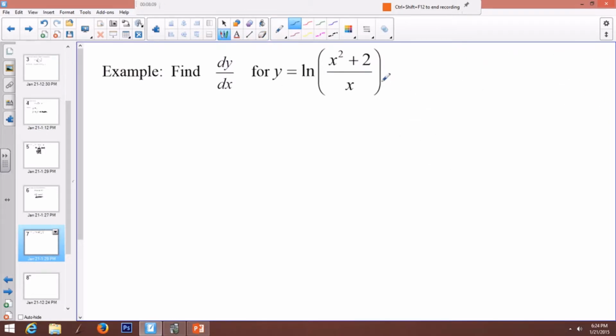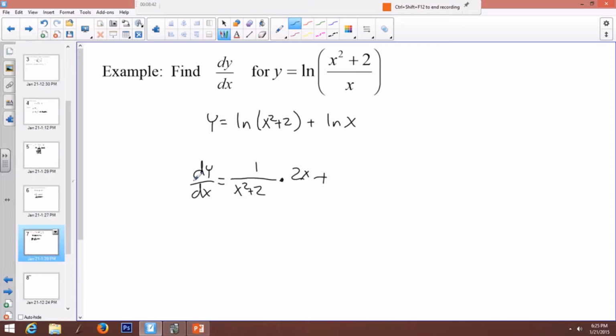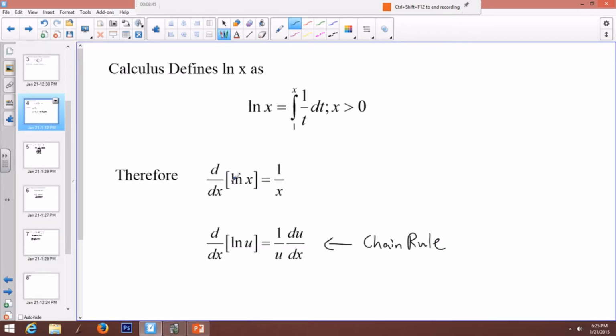So taking this, using that first rule, I'm going to rewrite first and say y equals the ln of x squared plus 2 plus the ln of just x. Now, if we do it like we did in the second way, if I want to find dy over dx, I take the derivative of this first expression, which is going to be 1 over x squared plus 2 times the derivative of this inside portion, which would just be 2x, plus, now we're just using that first derivative rule, since the derivative of ln x is just 1 over x.